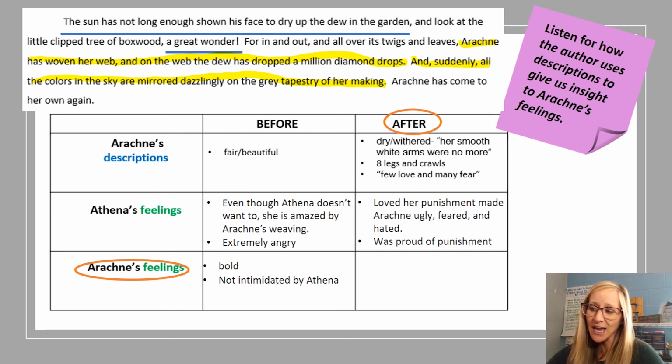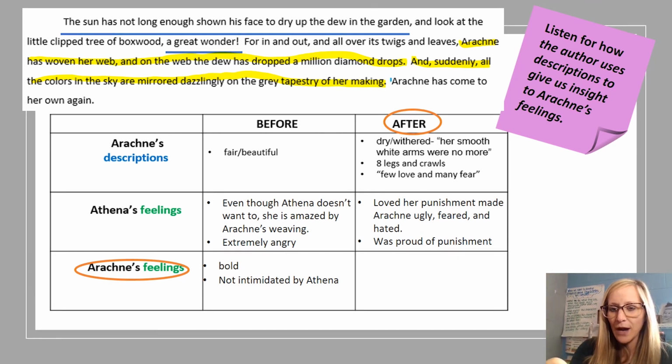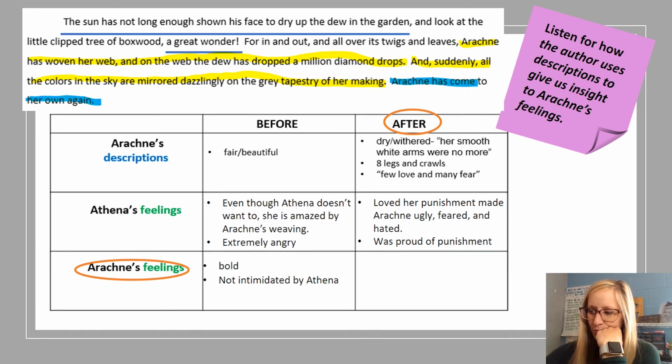The author makes something as simple as a spider web sound absolutely gorgeous here. And of all the lines, I think that the words the author chooses in the very last line give us clues about her feeling. It says that Arachne has come to her own again.